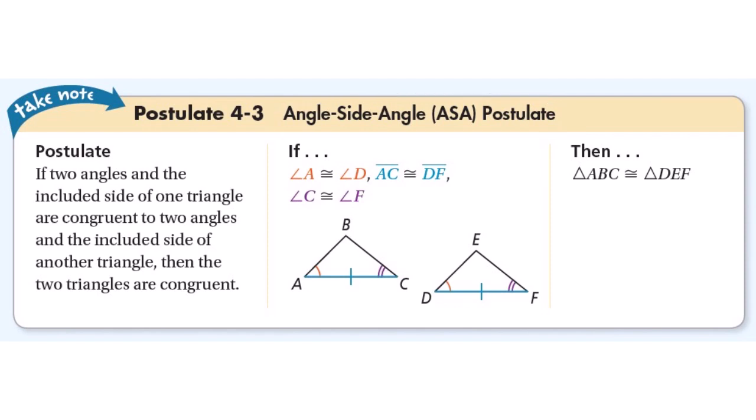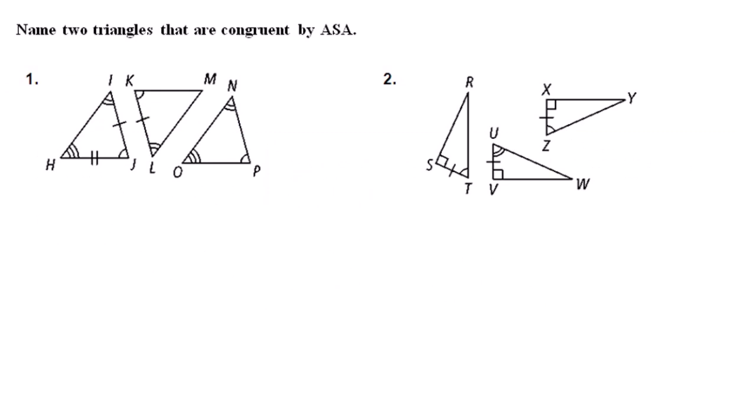All right, so here it's asking us to name two triangles that are congruent by angle side angle. For number one here, I have angle J, angle K, angle I, angle L, and then their included side is congruent, right? You can see that. And so they're congruent by angle side angle.